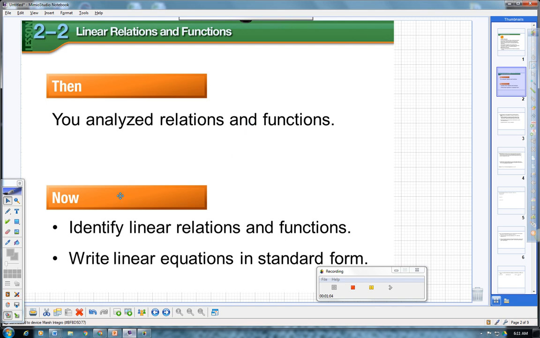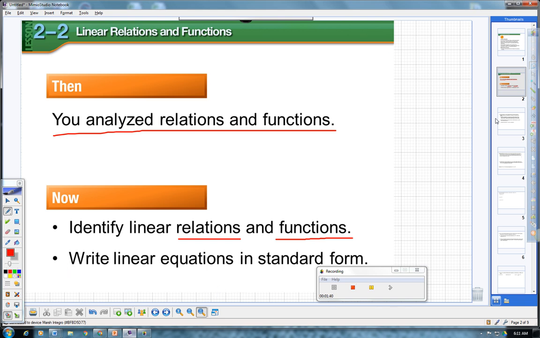You've done that in the past, most likely in previous algebra classes. Now we're going to identify linear relations and functions. So we're going to focus on the function piece. We do say linear relations as well, just relationships is what they're talking about, linear relationships. And then we're going to write linear equations in standard form.